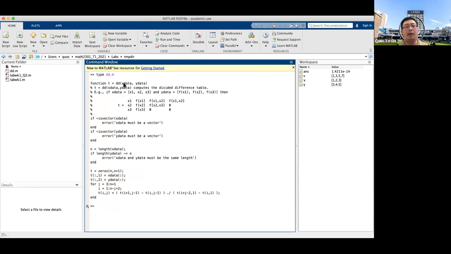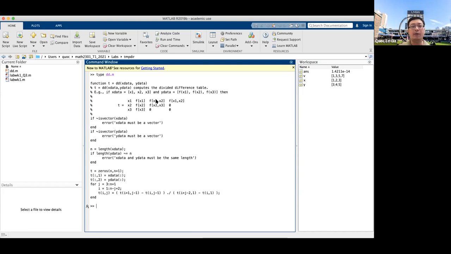Suppose you supply two vectors, x data and y data. So x data is like x1, x2, x3, and y data is f(x1), f(x2), and f(x3). Then it computes the divided difference table for you according to this formula. Remember, I did it by hand in the lectures already.